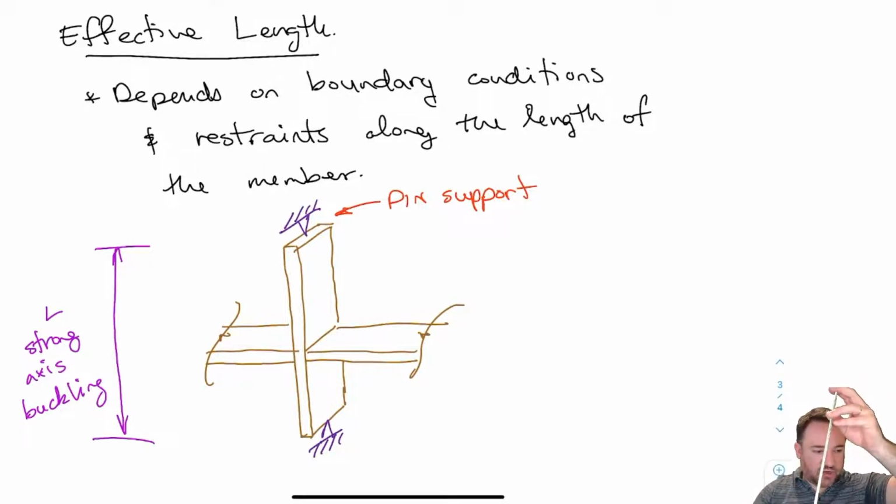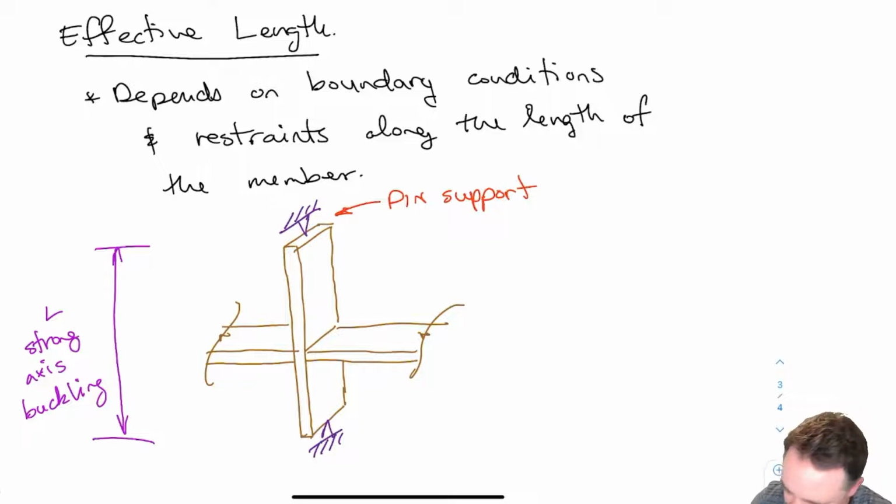It can only buckle between the end support and the restraint. So now I've shortened my length for buckling. And because you've probably looked at Euler buckling before, simple elastic buckling, as I reduce the length for buckling, the buckling load goes way up. That will have a big effect on the total strength that I'm calculating.